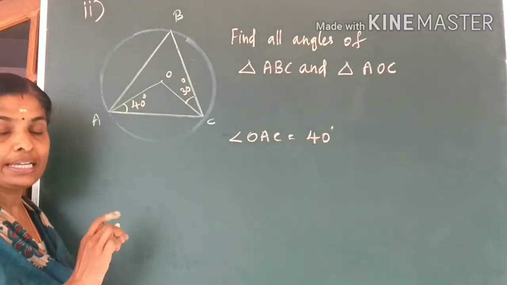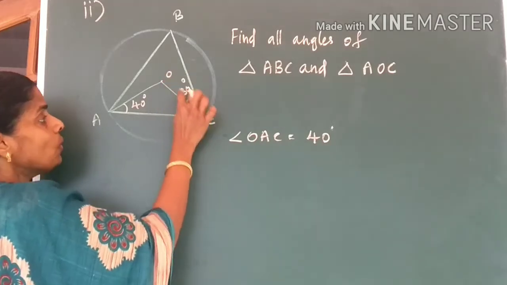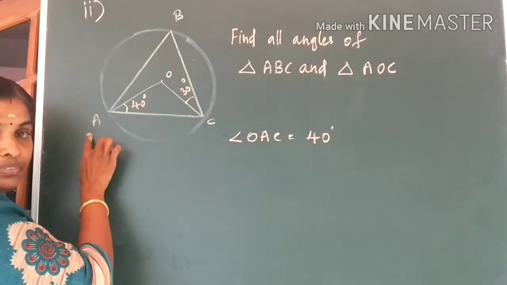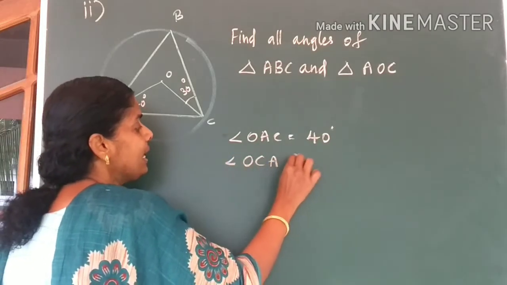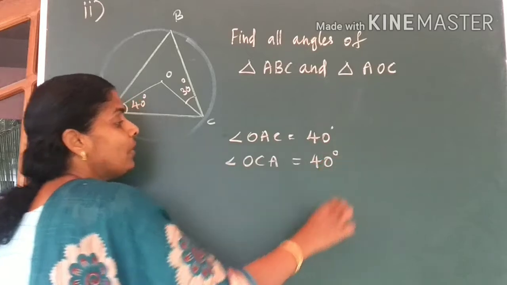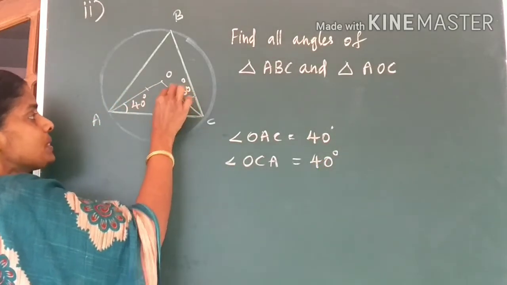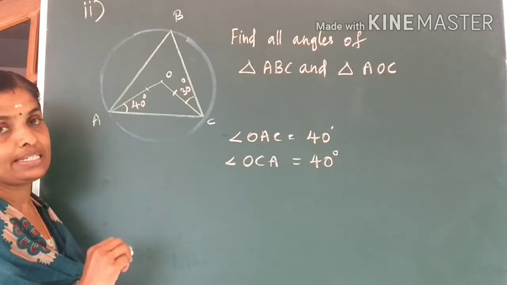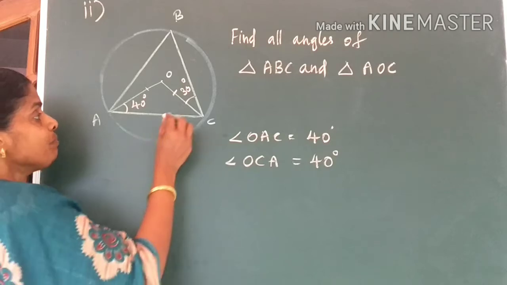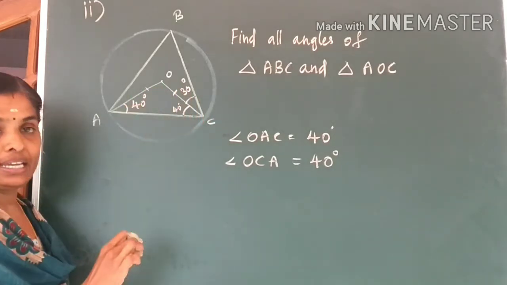Now using this 40 degree we can find out OCA, isn't it? We can say angle OCA is equal to 40 degree. It is because OA and OC are the radii, they are equal, hence it is an isosceles triangle. I can mark this angle to be equal to 40 degree.